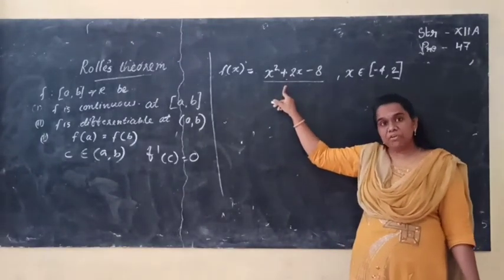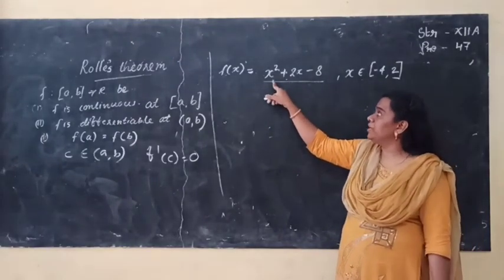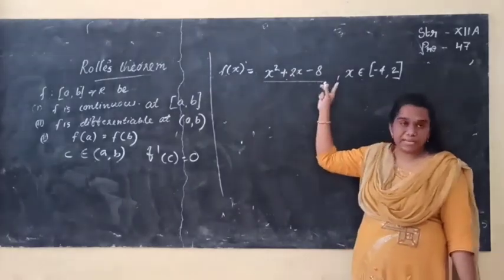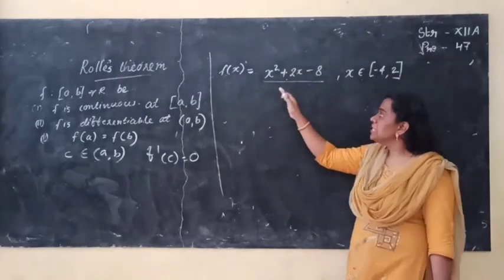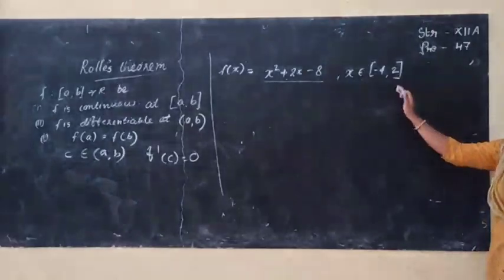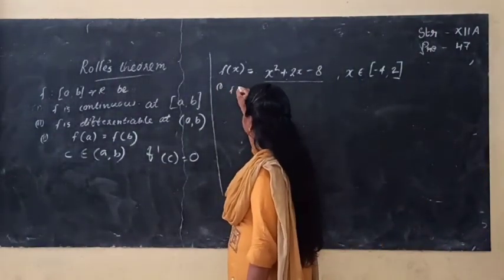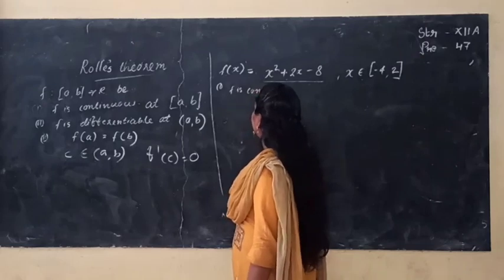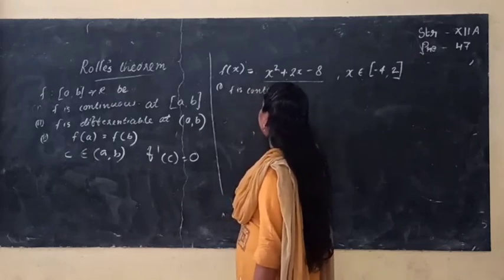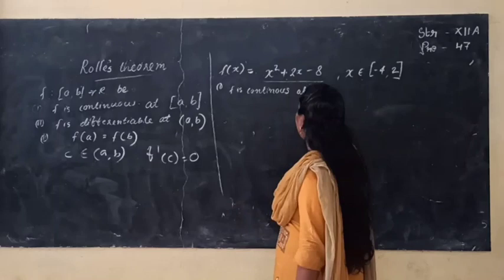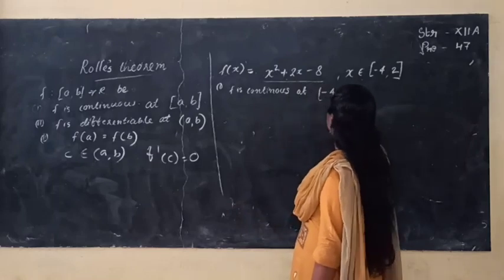Can we find the derivative of this? Yes, we can find the derivative of x squared plus 2x minus 8. So it is continuous on the closed interval [-4, 2]. So we can write the first condition: f is continuous, since all polynomial functions are continuous. f is continuous on [-4, 2].